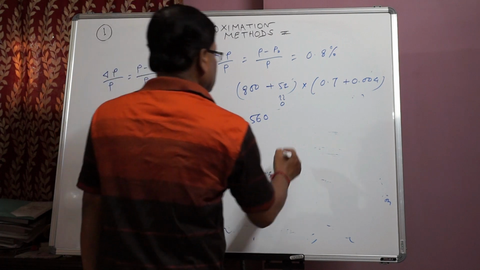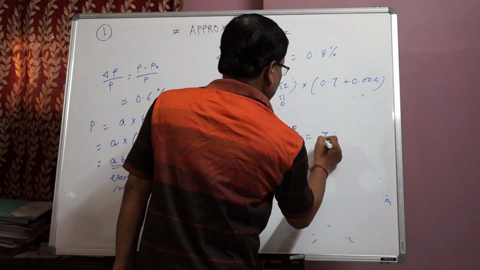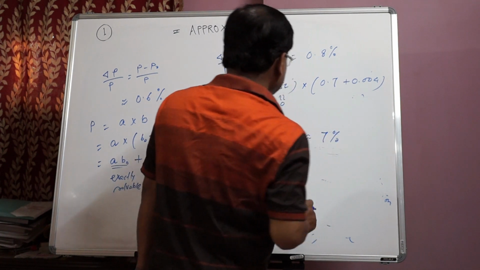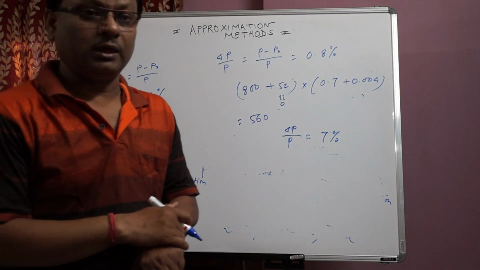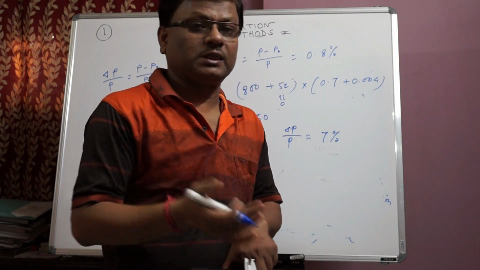So in this case, del P by P is around 7%. So in this case, we cannot apply approximation methods, or approximation methods lose their validity.